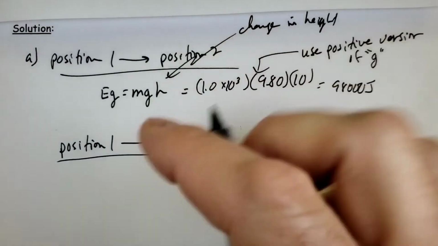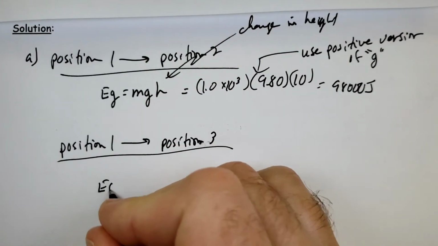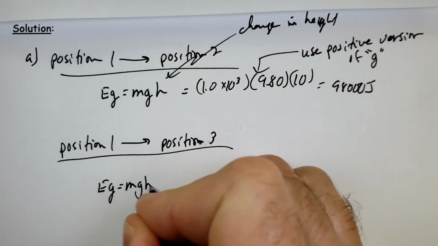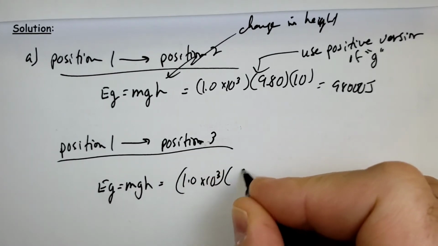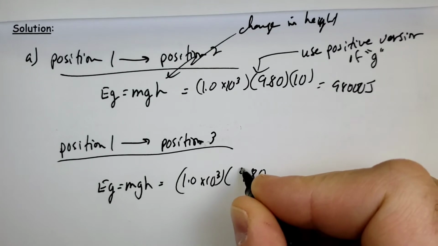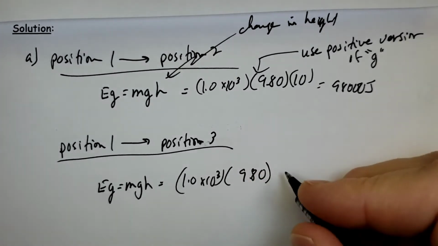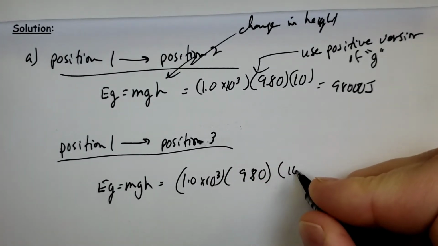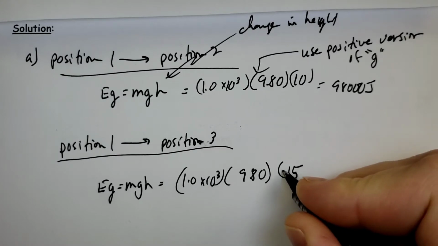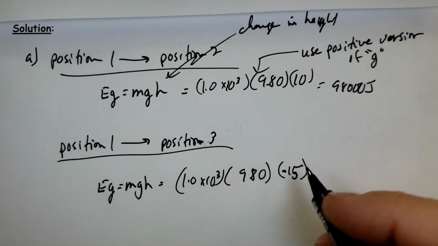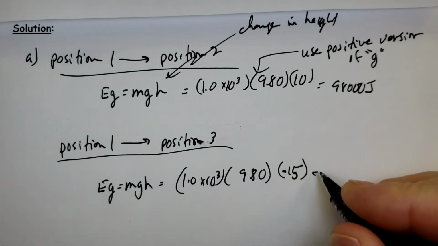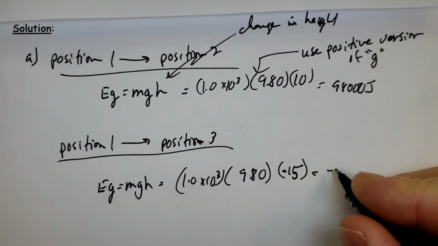Then going from position 1 to 3, we're going here, then going down 15 technically. So 1,000 kgs. Again, use 9.8 because we're lifting up, even though we're going down here. We're always assuming that when we're lifting something up, it's positive, but the height is negative, so it's kind of awkward. The signs are a little bit awkward for that.